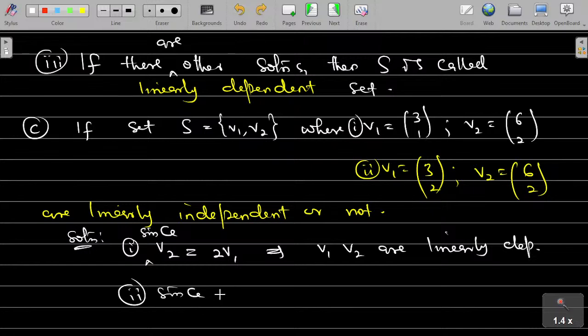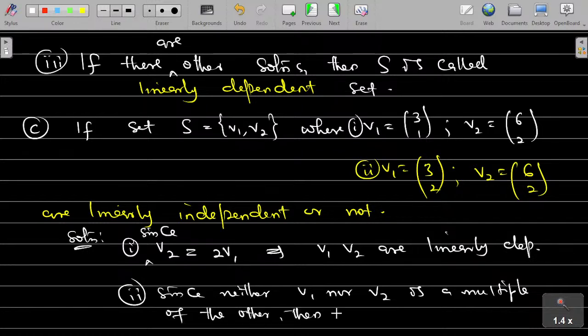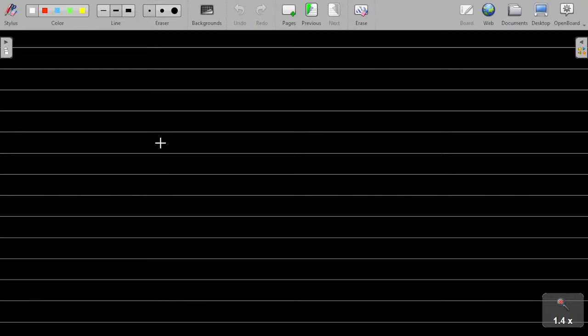Since neither V1 nor V2 is a multiple of the other, then V1 and V2, that's in question 2, are linearly independent. So I will stop there so you can conclude that. Right, so they are linearly independent. So that's for that particular one.